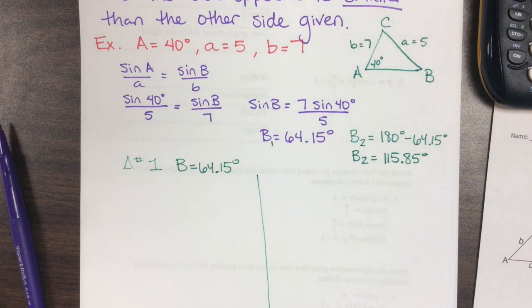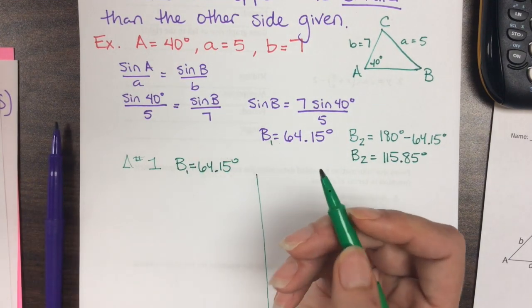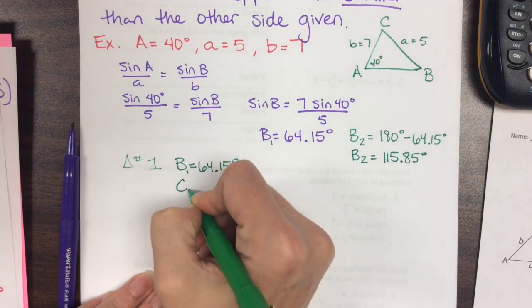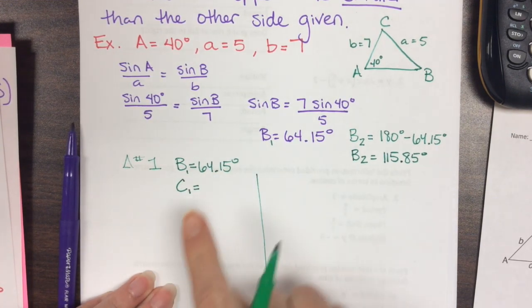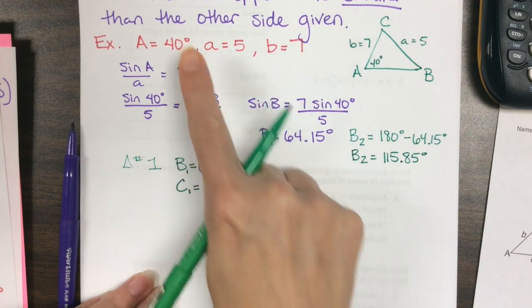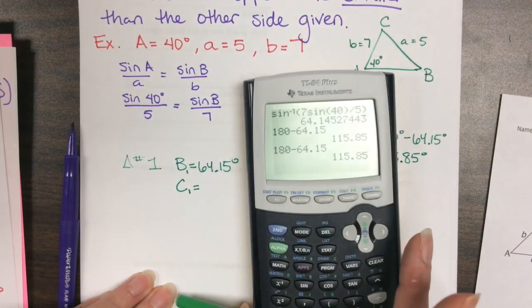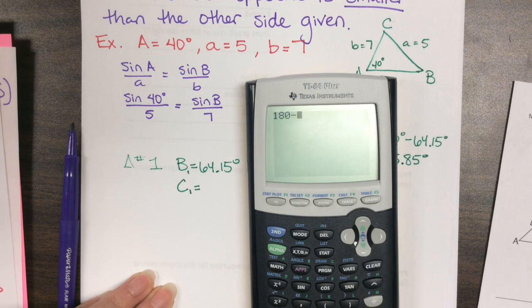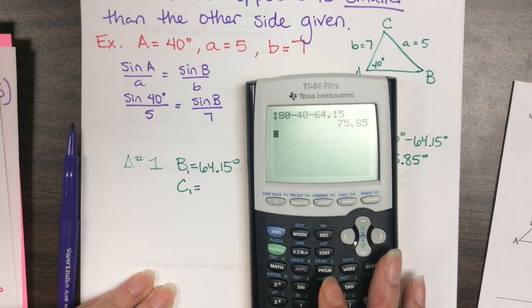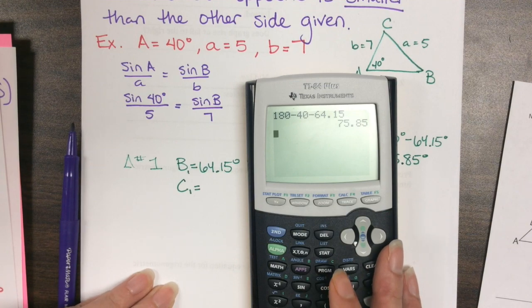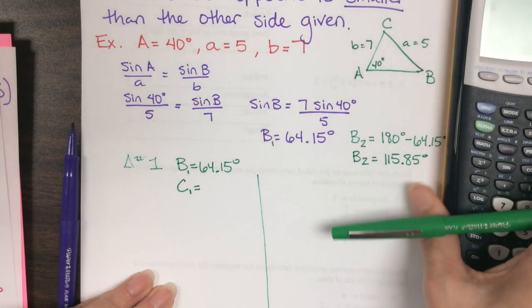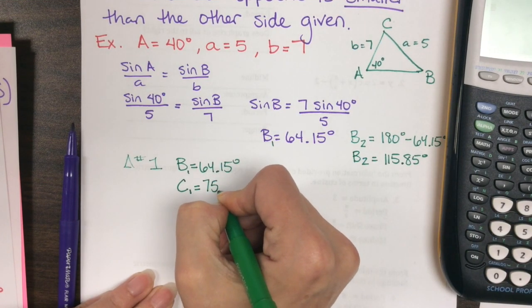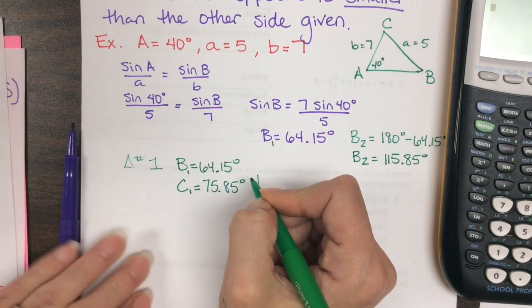If B1 is 64.15 degrees, for angle C, all we're going to do is take 180 minus 40 for angle A minus 64.15 for angle B. And we find that angle C for the first triangle is 75.85 degrees.